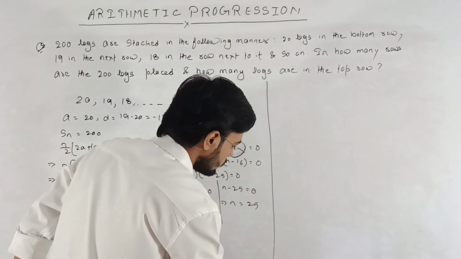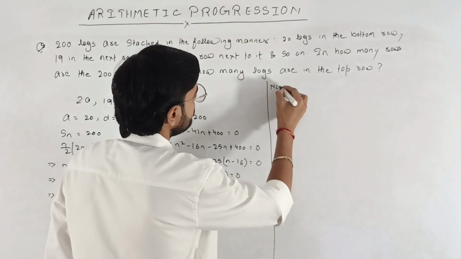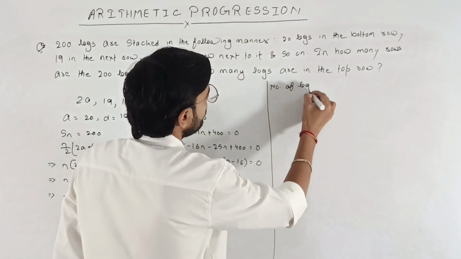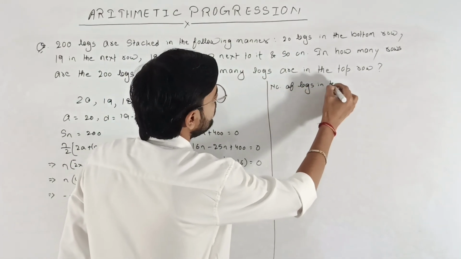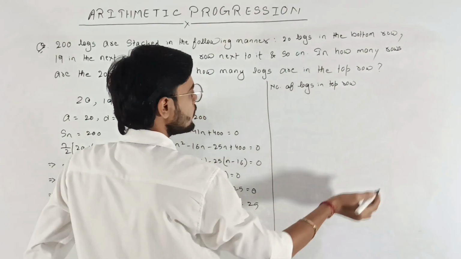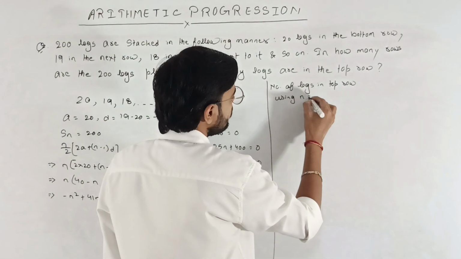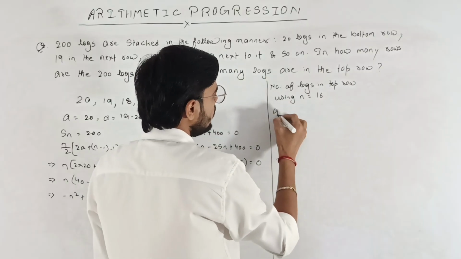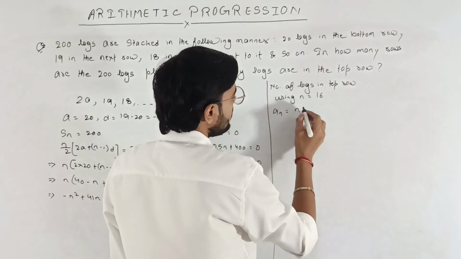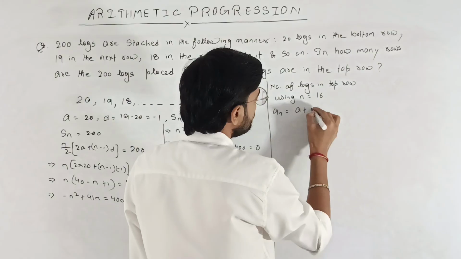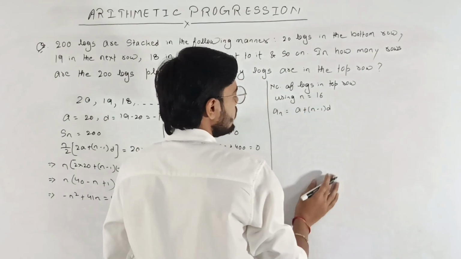So now, number of logs in the top row. First, I find using n is equal to 16. So, a_n is what? a_n is a plus (n minus 1) into d.